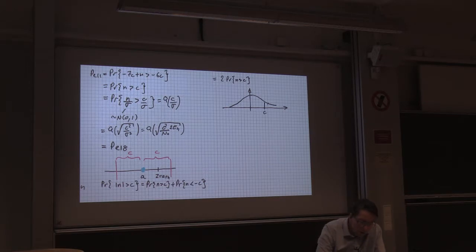So if we have c here, this is the probability that n is greater than c, and the same tail we find to the left here. If we have negative c here, this is the probability that n is less than negative c. So it doesn't matter, both ends are the same. So that's why we can do this. And this we learned already earlier that this is PE1.